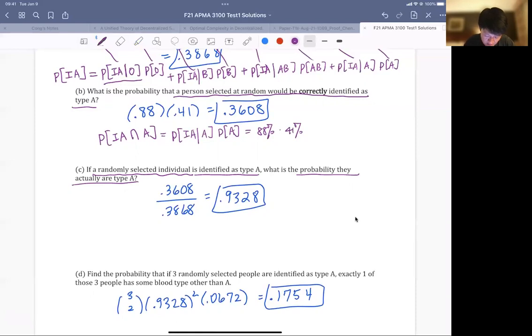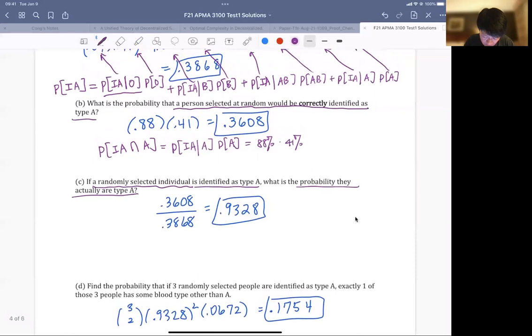This is asking for the probability that he actually is type A, given that he is already identified as type A. You already know that he is identified as type A, and that is the condition.